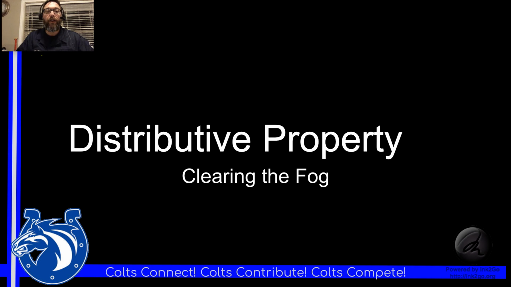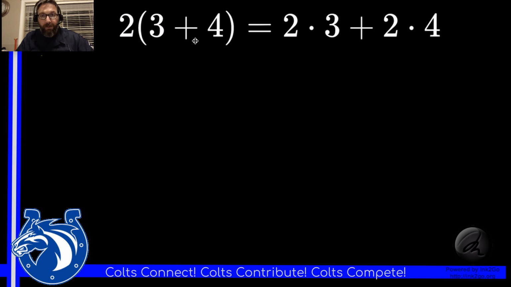Enjoyed it. But moving on, distributive property. So the distributive property is basically saying that through multiplication, and I don't remember the exact words of it, but essentially what we're saying is that the sum multiplied by a number is the same thing as the number times each factor added together.